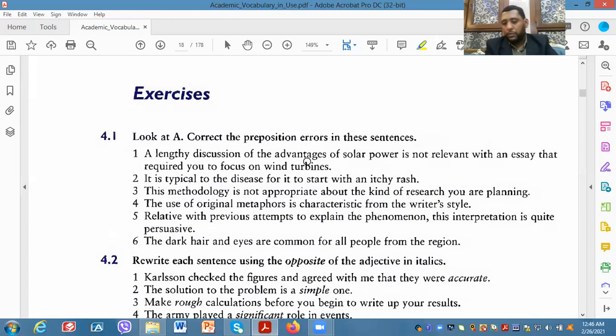All right, so what do you think about the preposition that should be corrected in this sentence? A lengthy discussion of the advantages of solar power is not relevant. It's not relevant with or is not relevant to.